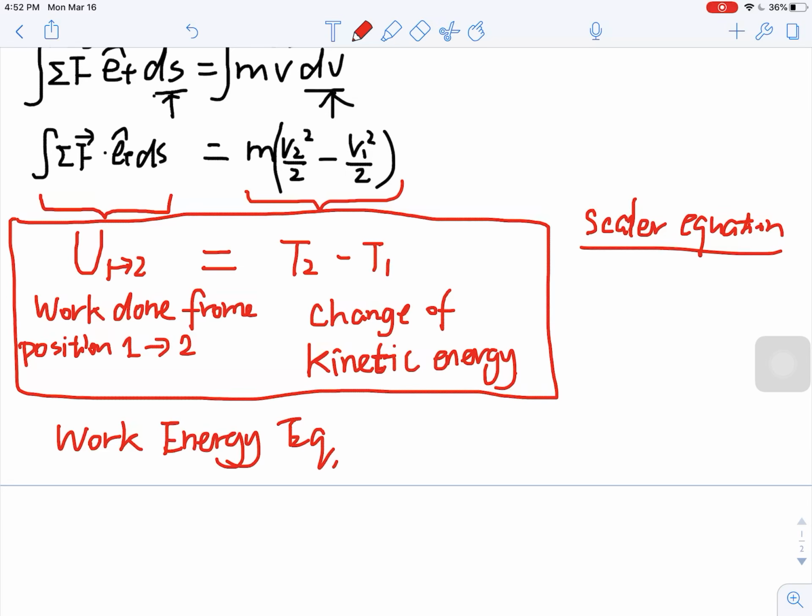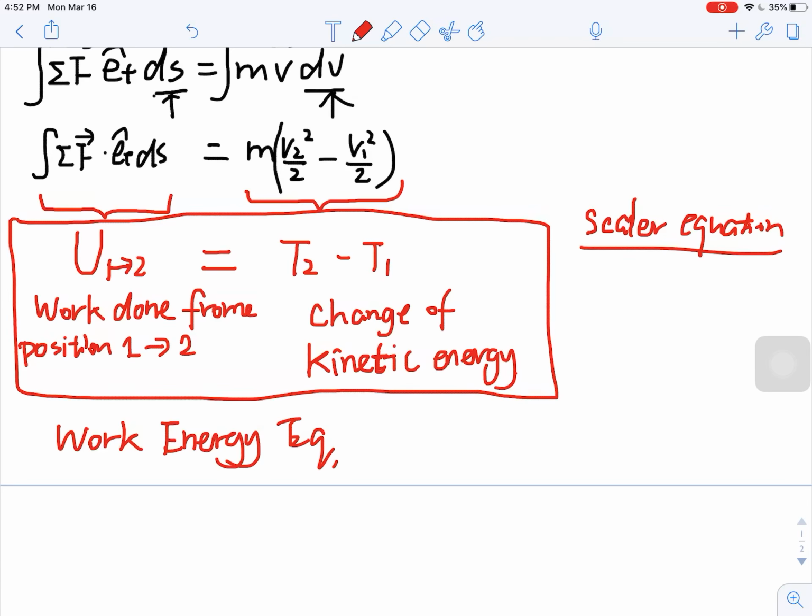Scalar equation. Sorry about my writing. And it looks at how forces relate to speeds over a given position change. F equals ma integrated once with respect to position.